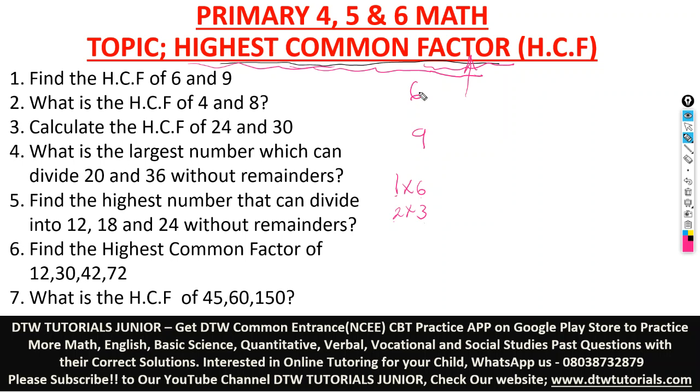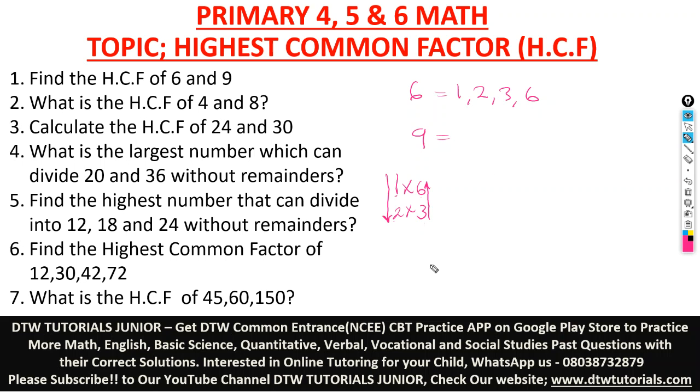That is, 7 or 8 or 9 can never be a factor of 6. So let us state the factors. We have 1 and 2, then 3 and 6. Let me quickly erase this arrow here. So we have 1, 2, 3, and 6.